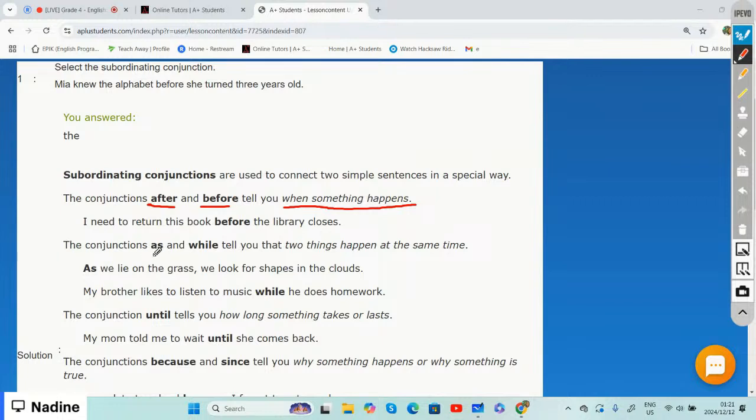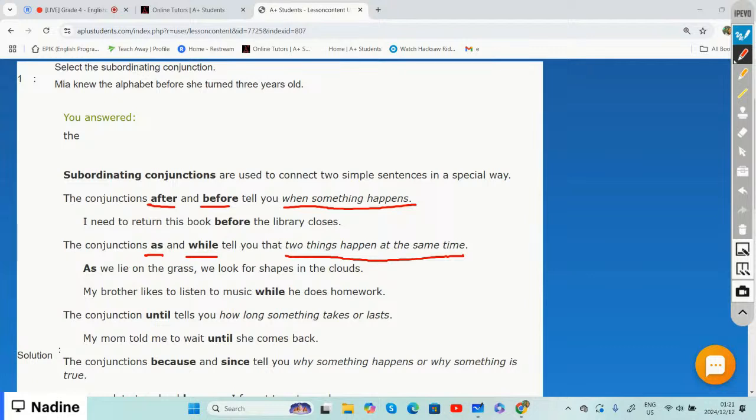If we use the conjunction as or while within a sentence, then it tells you that two things happen at the same time. It's almost like saying, as I'm lying on the grass, I'm watching the sky, or counting something. My brother likes listening to music while he's doing his homework, which means that he's listening to music and doing his homework at the same time.